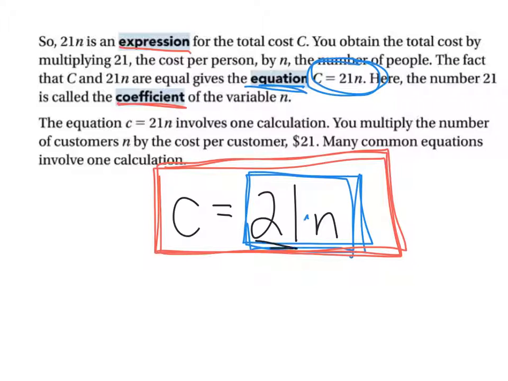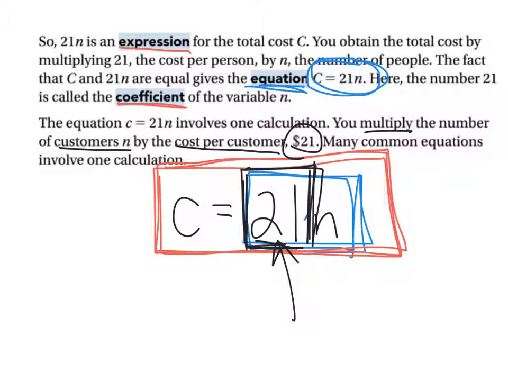And coefficient is just the number that comes in front of the variable. So in this example, 21 would be our coefficient. So this just says the equation C equals 21n involves one calculation. You multiply the number of customers, or n, by the cost per customer, which is $21.